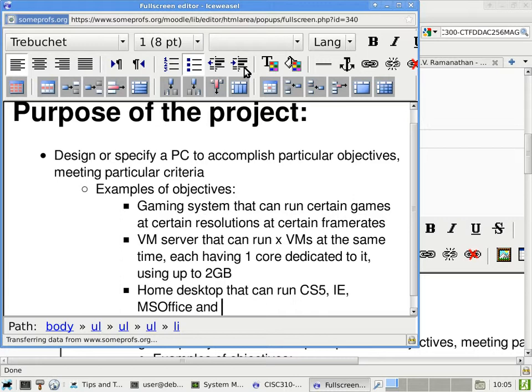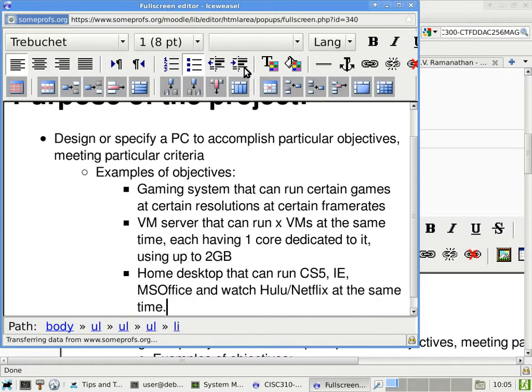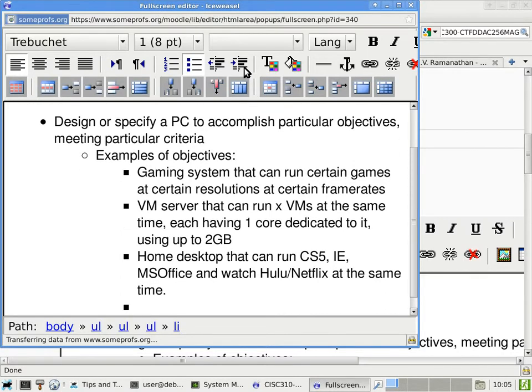I do a lot of Movie Maker. Photoshop. And Watch. How about Watch? Hulu, or Netflix. Okay. So specific things, at the same time. Any questions about this stuff here?